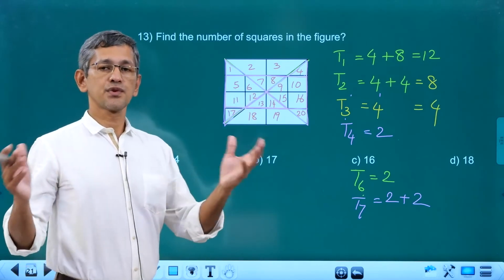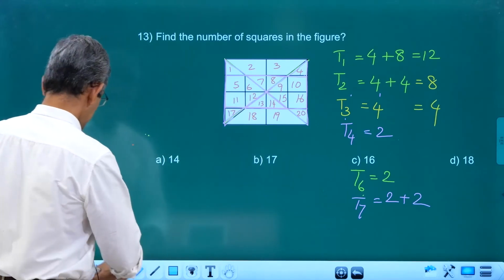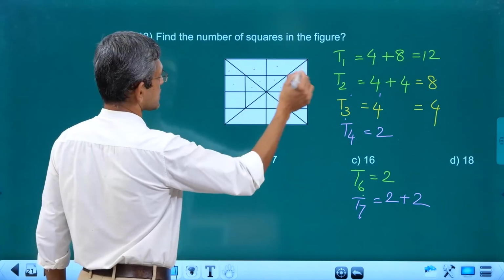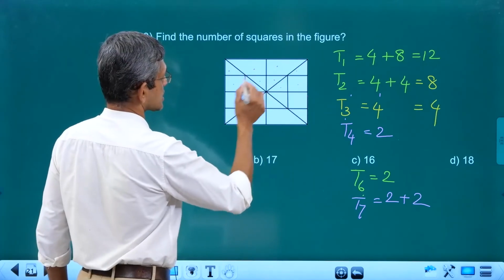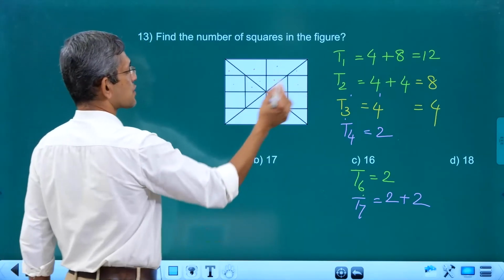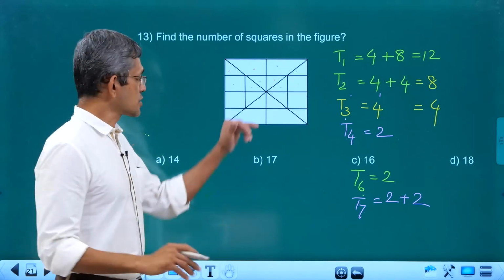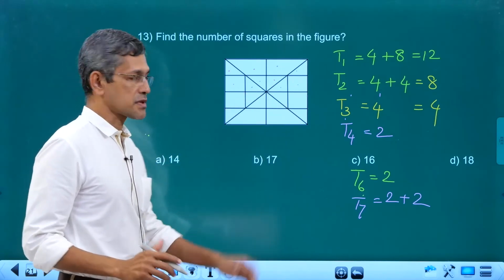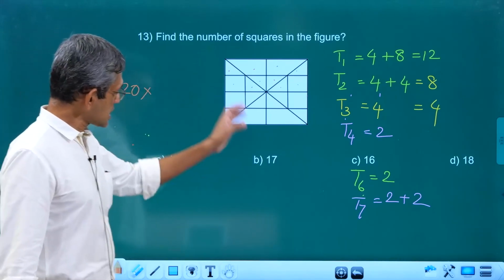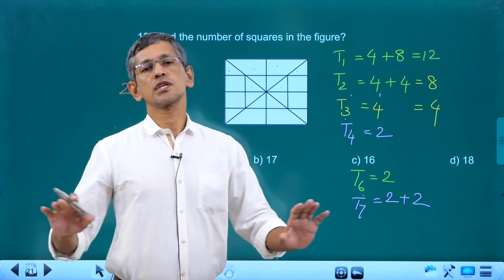So what do we do if we get a question like this? I'll show you the method. 1, 2, 3, 4 and this one 6, right? So 6 plus 4, 10. So total 20 pieces. So that means other half must be 10, 20 pieces. Whatever the shape of the piece, no need to worry about it.